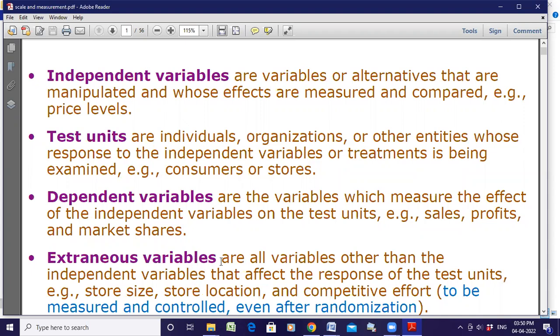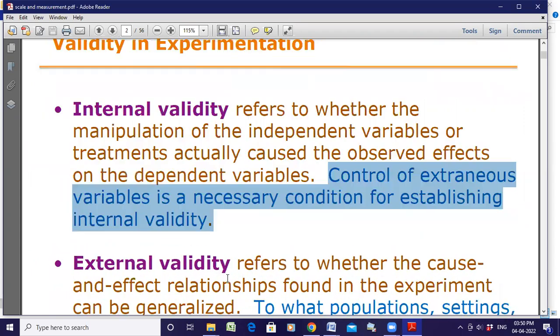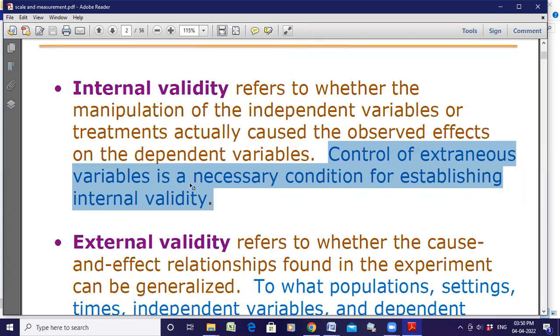The sales also depend on the store location, the size of the store, whether all the items are there or not. So that is an extraneous variable. Similarly, internal validity also depends on these extraneous variables. So control of extraneous variables is a necessary condition for establishing the internal validity.